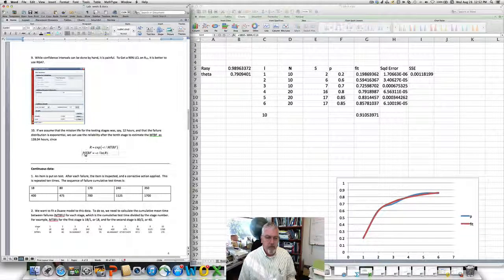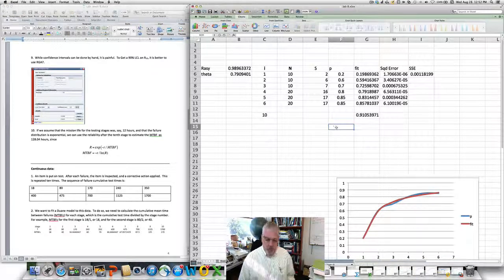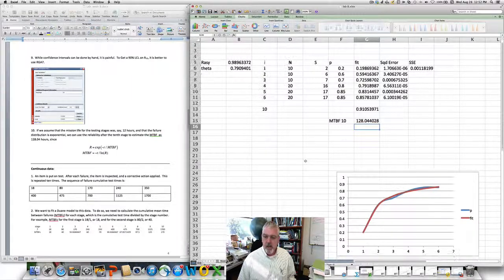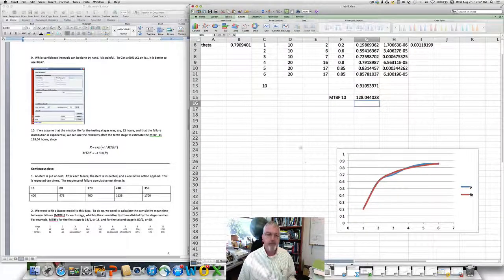Solving for mean time between failure says it's equal to minus t divided by log r, where t is my 12 hours, and the r that I'm using is the estimated reliability at the end of the 10th stage. So at the end of my 10th stage, MTBF is equal to minus 12, which was the number of hours we said it was based on, divided by the log of this reliability, and I get 128.04, which we have on the lab sheet. So that basically shows what's going on with the discrete data.